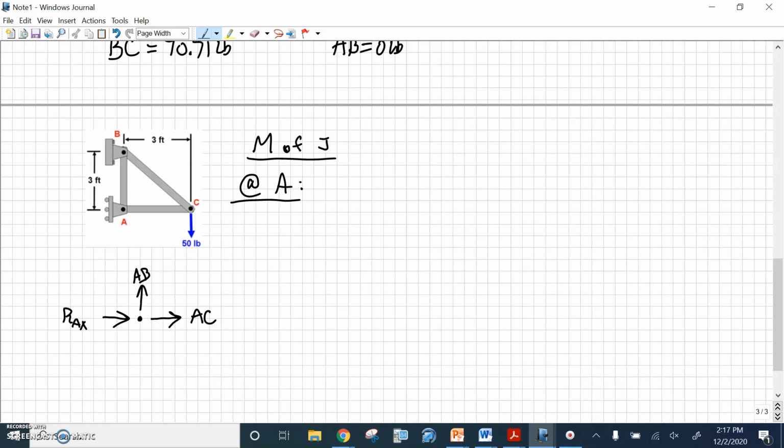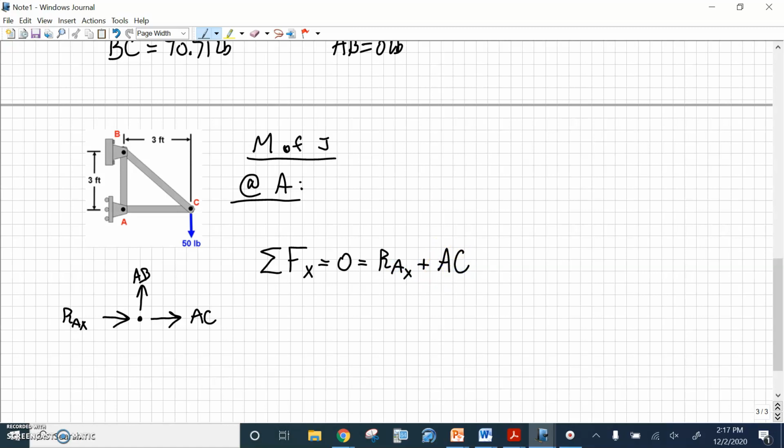So free body diagram, pretty short and sweet. In fact, when we go to do this, we're going to find that we only want the sum of the forces in the x direction because there's no force of member AC that's directed vertically. So the sum of the forces in the x direction sum to 0. And the only forces we have are RA in the x direction and AC.